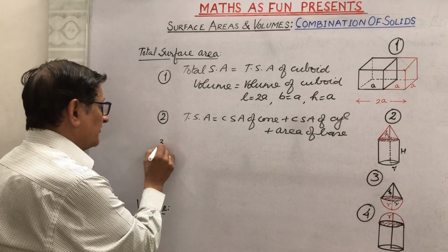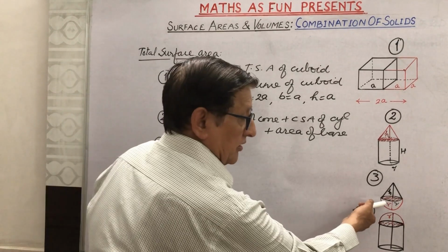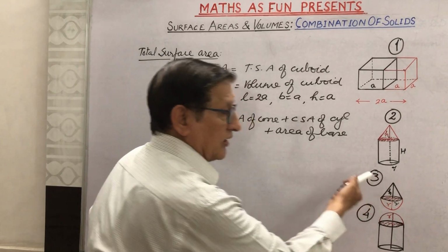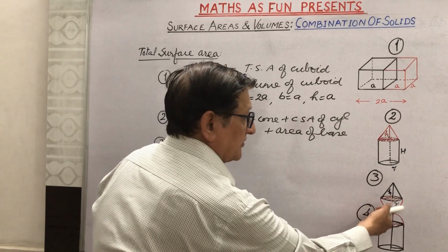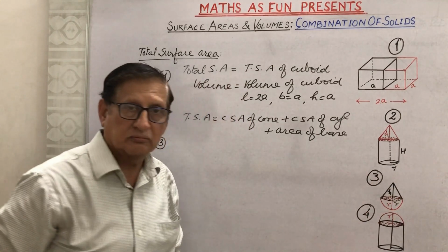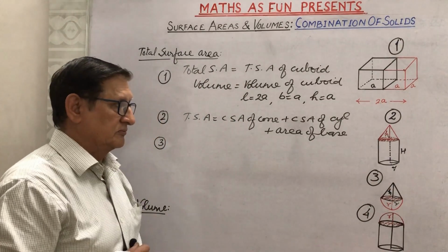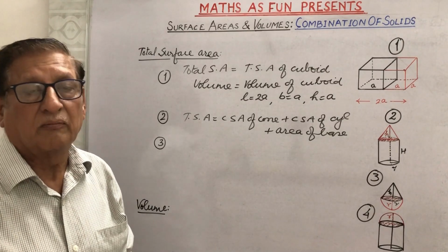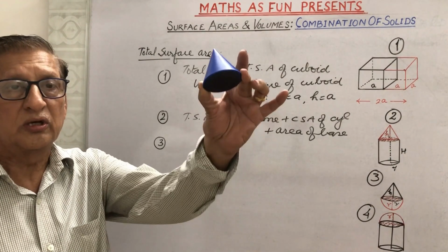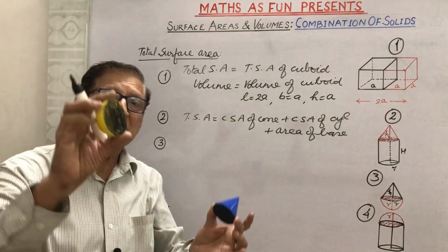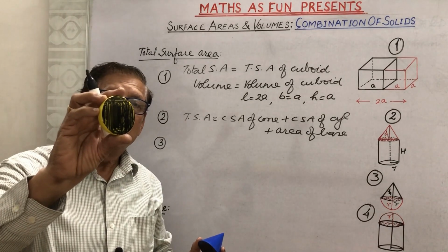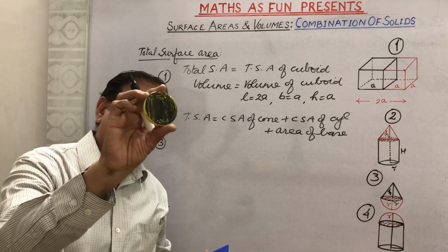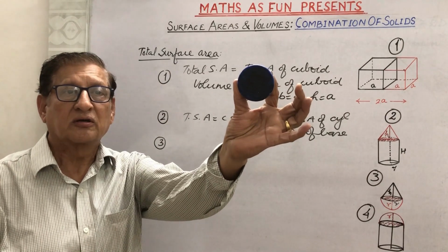In the third case, what we find, if we add or attach a hemisphere and a cone, then what will happen? Let's understand this also by a demonstration, by a model. See, this is a cone. This is a hemisphere. This is the base of the hemisphere, this is the base of the cone.